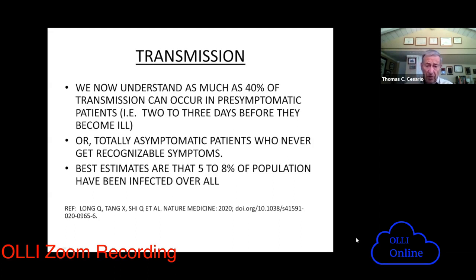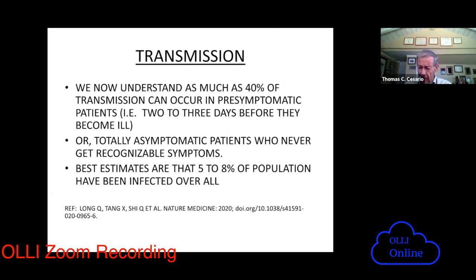But we've come to realize that a lot of people who are infectious don't realize it, either because they don't have symptoms at all and are never going to get it, or because they are in a phase 2 or 3 days before they actually get symptoms, and it's in that phase that they are actually transmitting the virus just as well as when they transmit it for the first few days after they get sick.